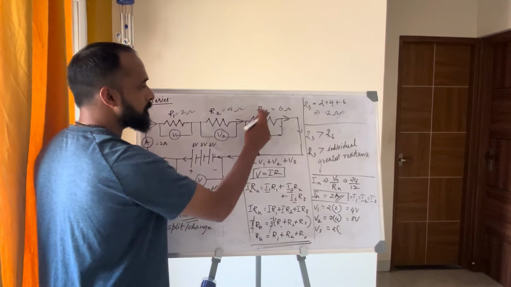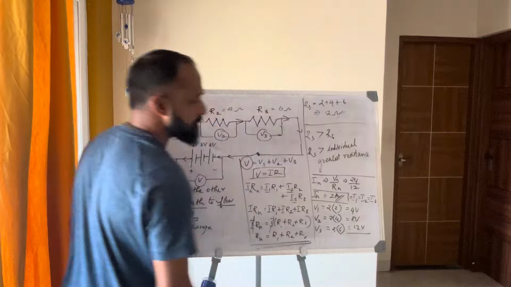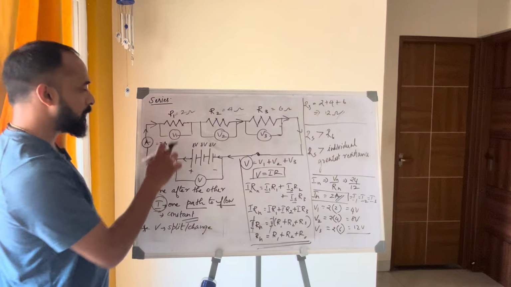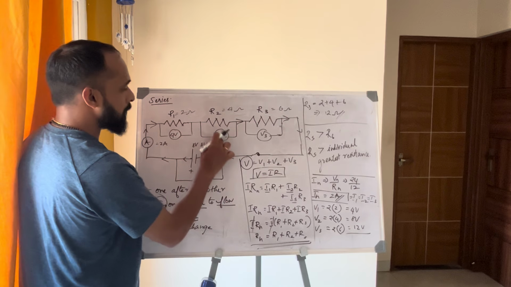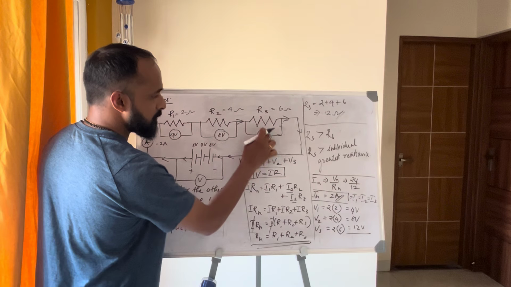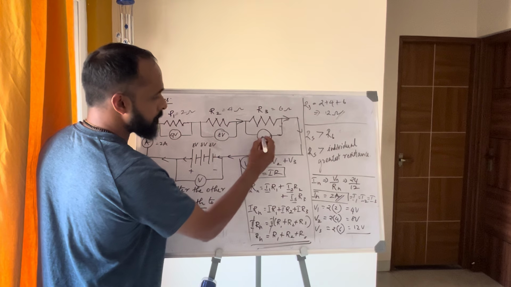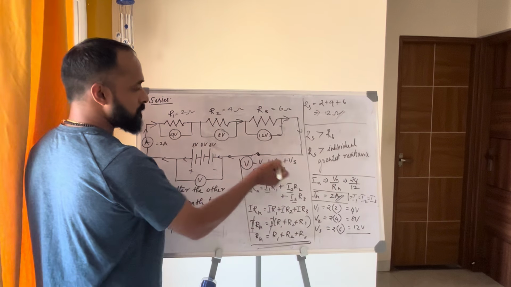I into R3. R3 is what? 6. 2 6s are 12. That's it. Clear? So the voltage here is 4 volt, the voltage here is 8 volt, and the voltage here is 12 volt.